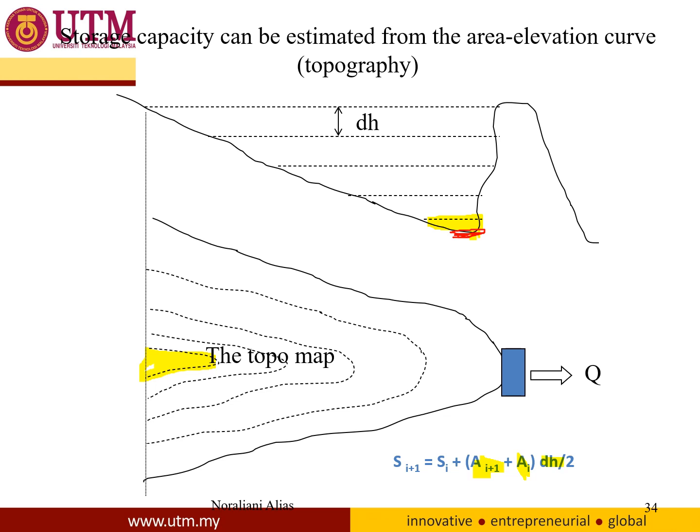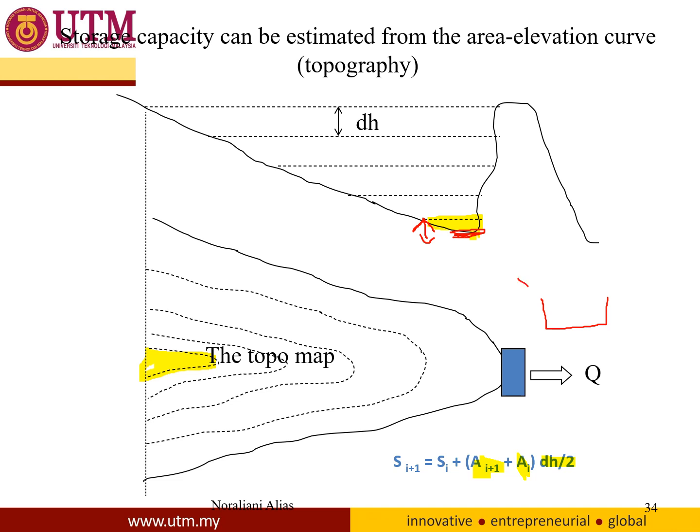So this means this area 1 is multiplied by dH over 2. dH is this one, the dH for the first volume. Dividing by 2 is actually taking an average, because the volume is not a simple square shape.